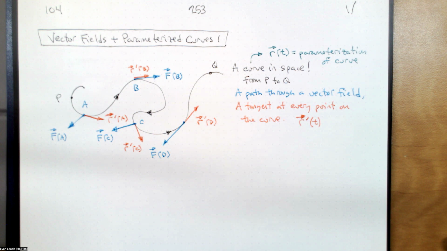So at every point, we've got 2 vectors. At every point on the curve, we have 2 vectors: tangent to the curve and a vector from the vector field.